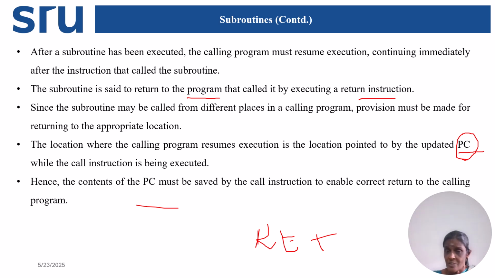So in this example, I have already told you that at 2002 the branch occurred. So 2003 will be stored, and that 2003, the content of the program counter, is taken away by the call instruction, and then it goes to the concerned memory location from where the program resumes the execution.